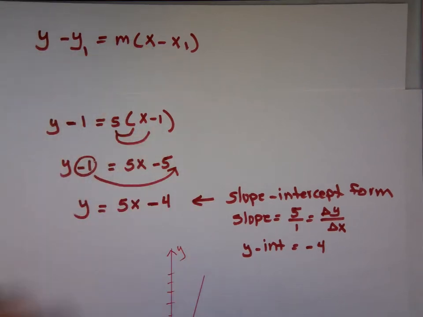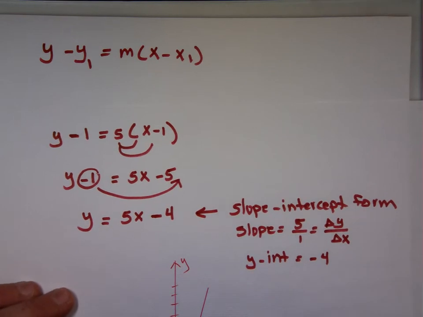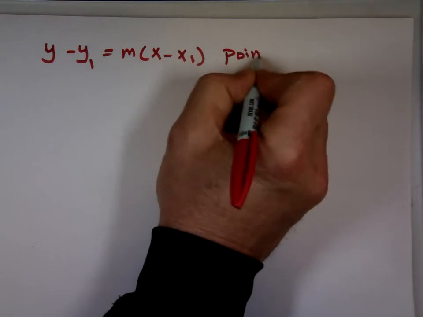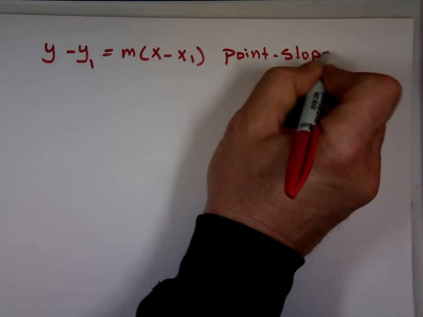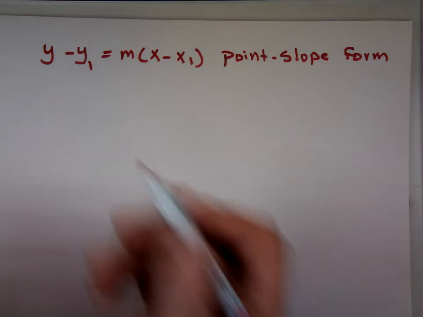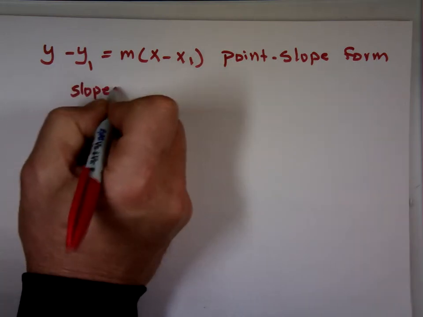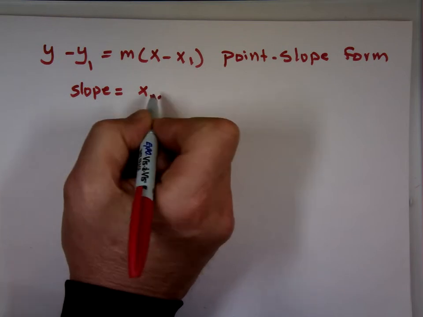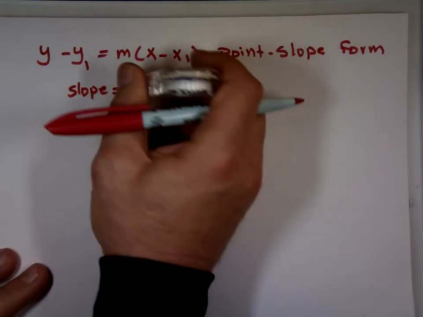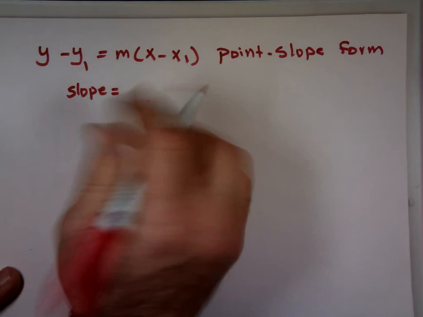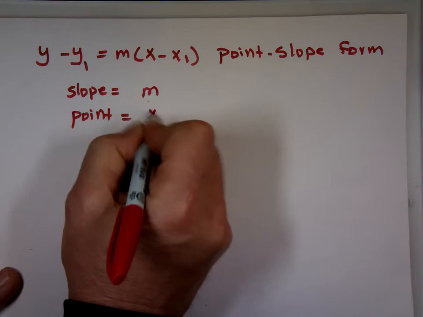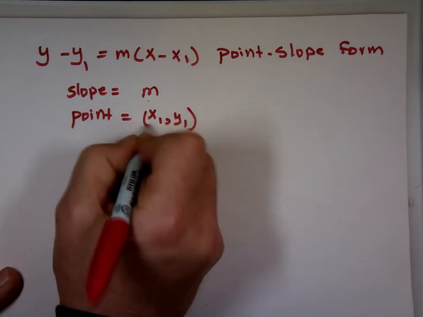This is called the point slope form. It gives you the point and it gives you a slope. The slope is m and the point is x1 comma y1. So if you're in this form, you know one point, you know the slope.